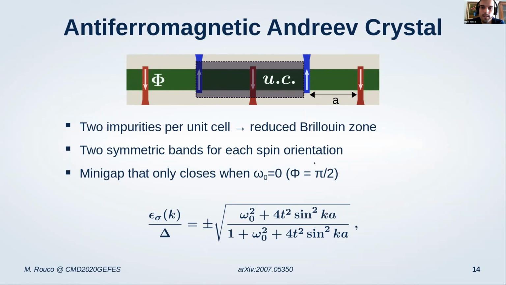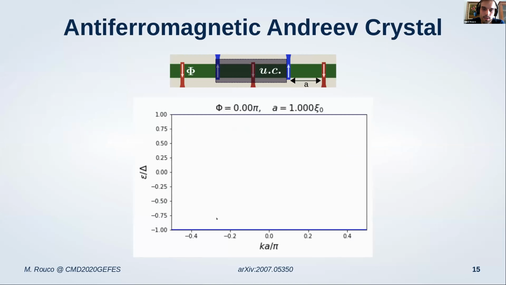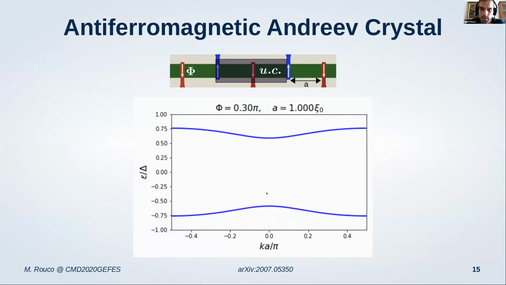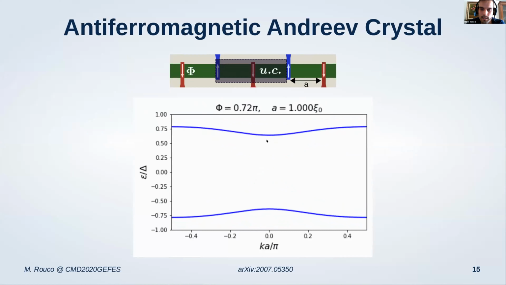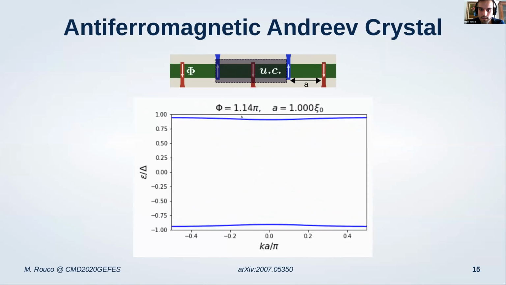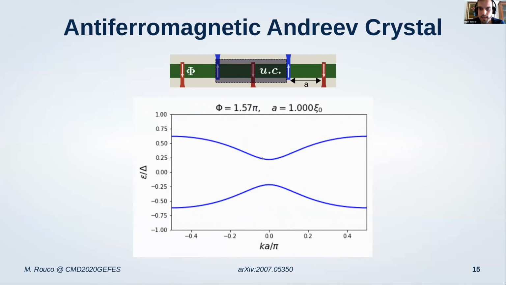Here I show you a similar movie of the spectrum of these systems, where when we start changing the magnetic phase of the impurities, we see how two bands enter. We always have a gap here, except for a single value of the magnetic phase.